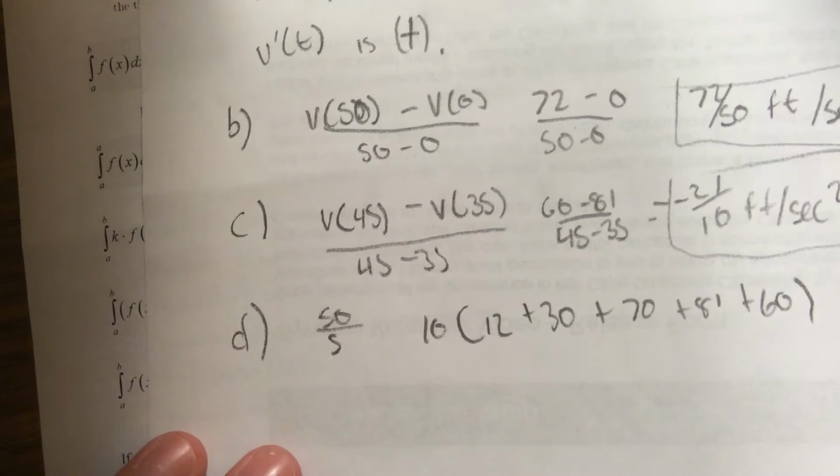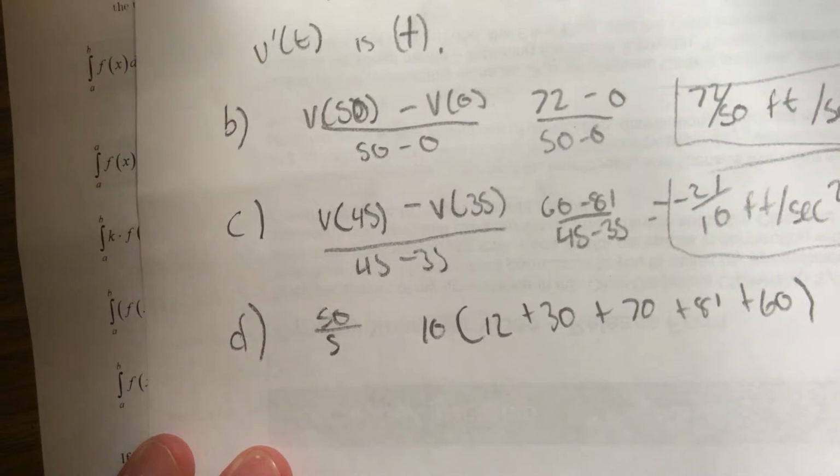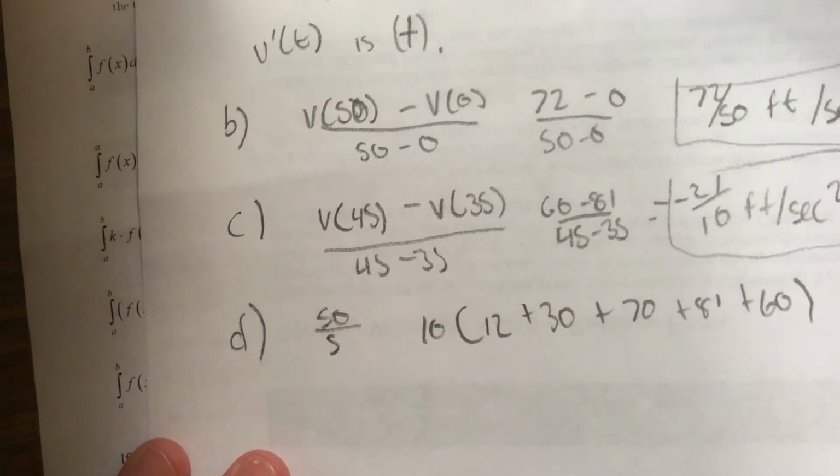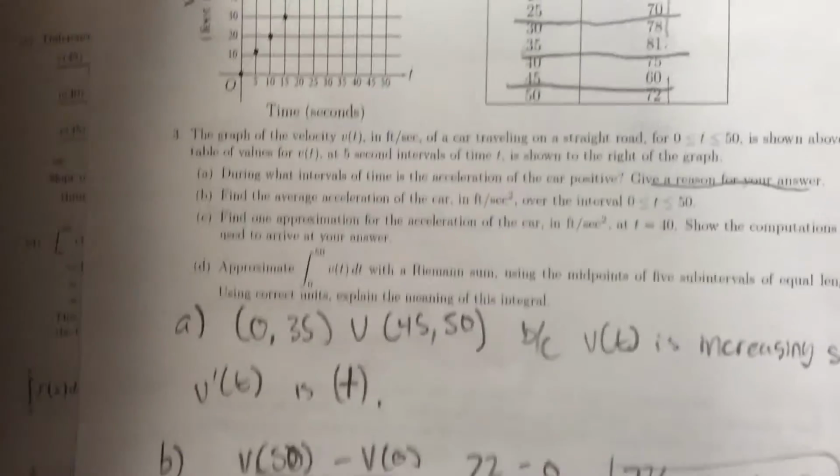So our midpoints are 5, 15, 25, 35, and 45 on the table.